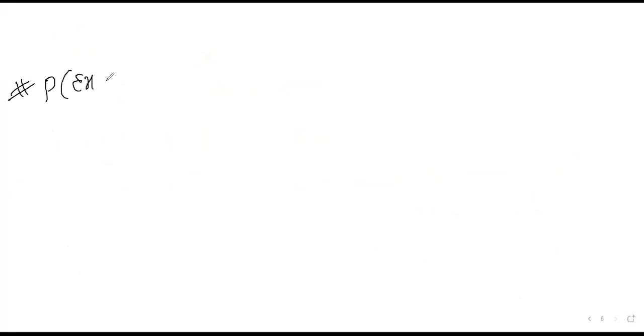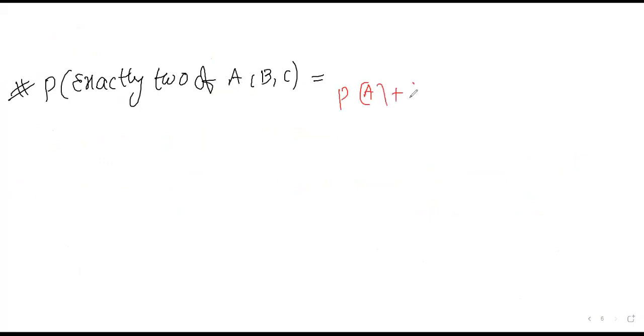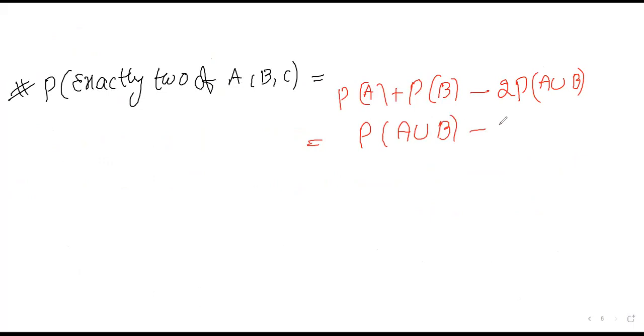P of exactly 2 of 3 events A, B, C. Then I can write this as P of A plus P of B minus 2 times P of A union B. Or you can write as P of A union B minus P of A intersection B.